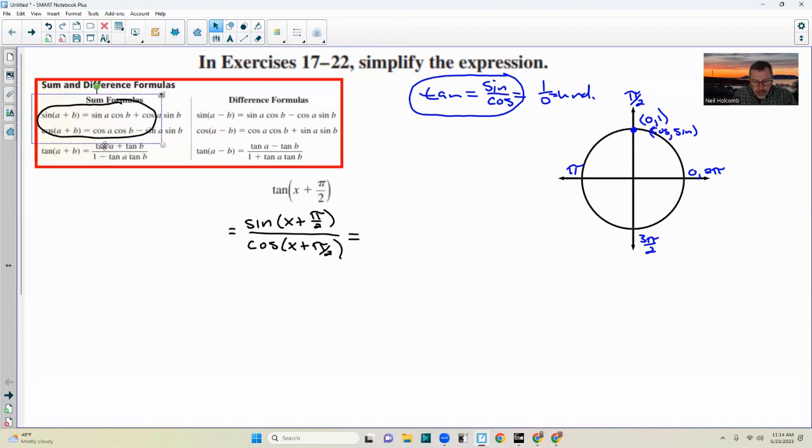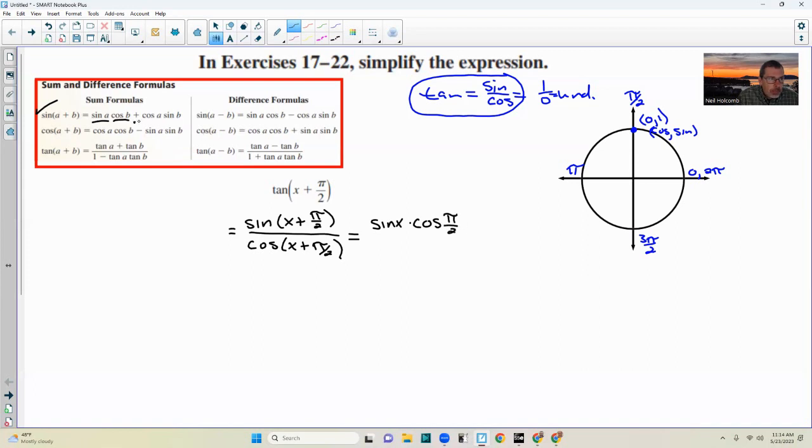So let me get rid of this. We're dealing with the sine of a plus b. Here's a, here's b. So we're going to do sine of a, which is sine of x, times cosine of b, which is pi over 2, plus cosine of the first term, cosine of x, times sine of the second term, which is sine of pi over 2.